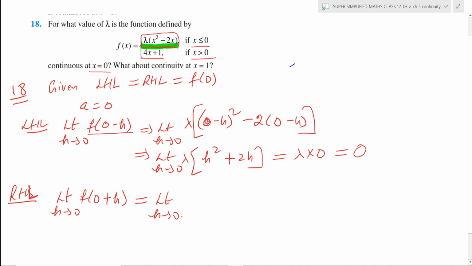Now how should I write the value of f of 0 plus h? Now you can again see here in the definition of the function, for x more than 0, that is in the right hand side of 0, the function is 4x plus 1. To get the value of f of 0 plus h, we replace x by 0 plus h in 4x plus 1.